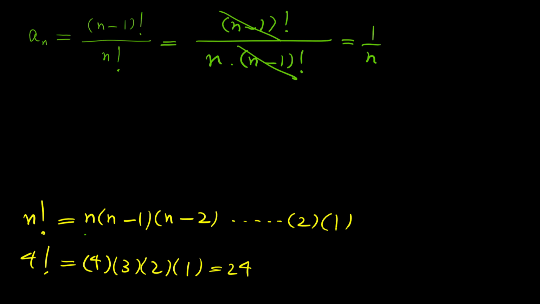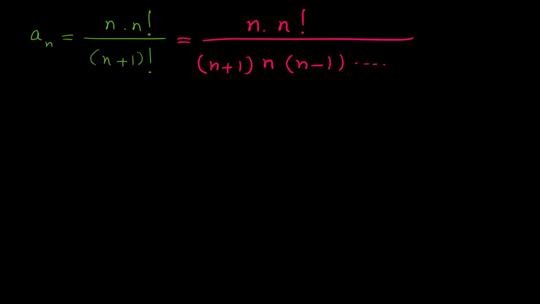I know the answer is the same, but this is the better way for writing your solution. And then we can say the limit of 1 over n as n approaches infinity is 0, so this sequence converges to 0. If you want to learn more about factorials and simplifying expressions like this, watch my video about factorials.